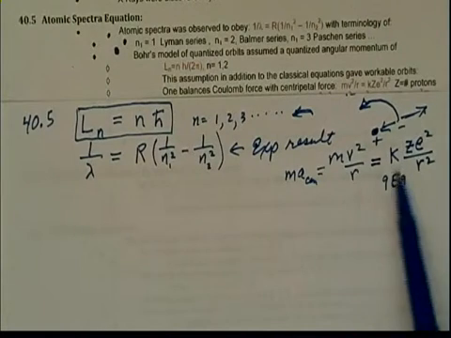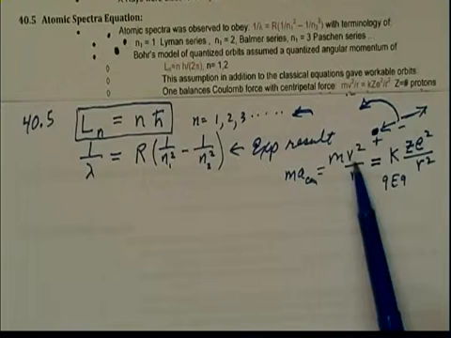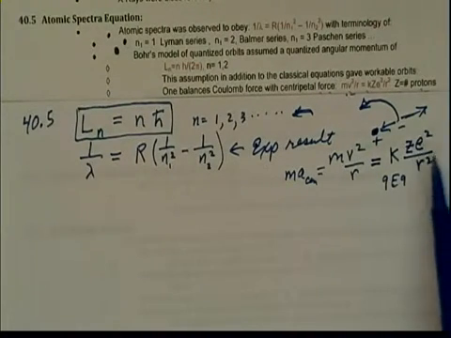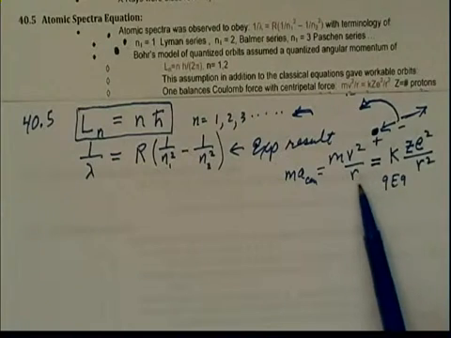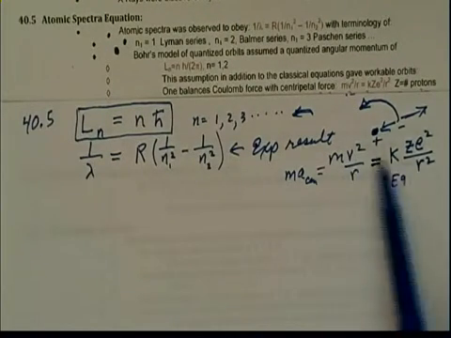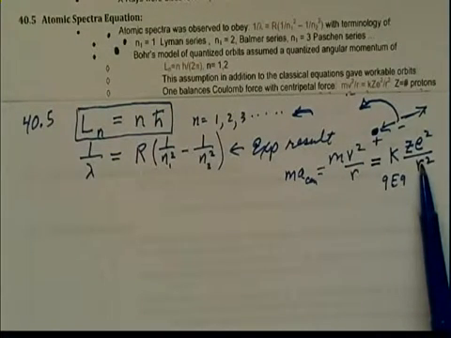Now, in the past, we knew that we must have the centripetal force and the Coulomb force balancing each other. But if you look at this equation, you notice that r occurs in it and the velocity, but you can have any r and any velocity as long as they obey this equation. That gives us continuous orbits.